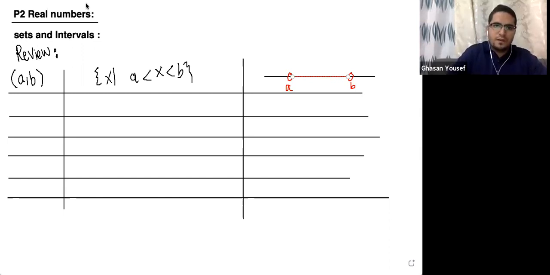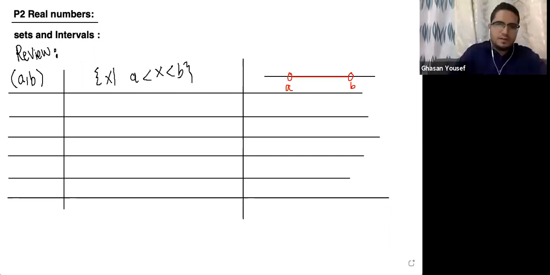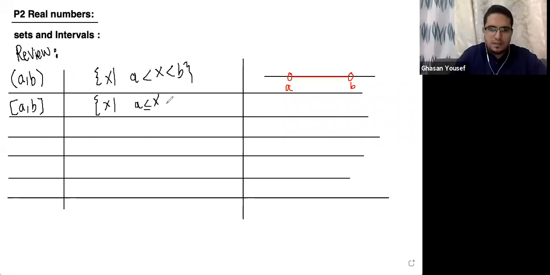The same thing for the closed interval. The set description is x such that x is between A and B, with A and B included, because this is a closed interval. For a closed interval, it's all the values between A and B and the endpoints, which are A and B themselves.